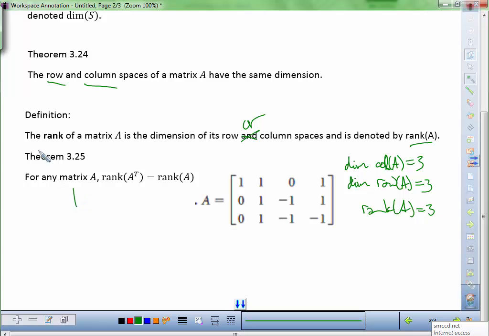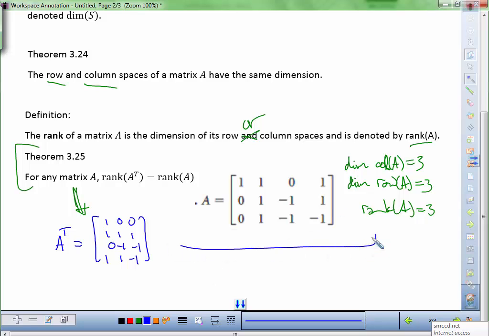And in this next theorem, if we take the transpose of this A matrix that we got, so 1, 0, 0, 1, 1, 1, 0, minus 1, minus 1, 1, 1, minus 1, if we take the transpose of this, this will have the same results.